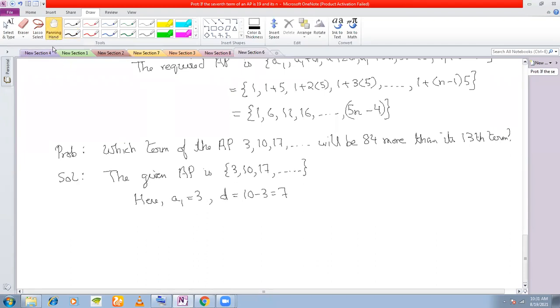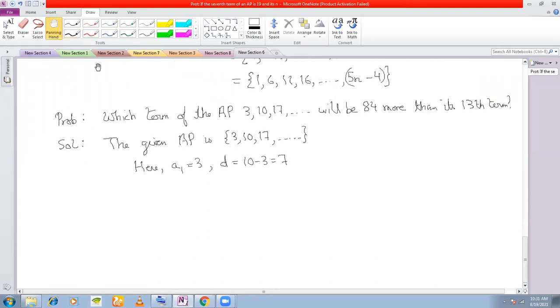Okay. Now see the question. Which term will be 84 more than the 13th term? So I say let the nth term of the AP be 84 more than its 13th term.